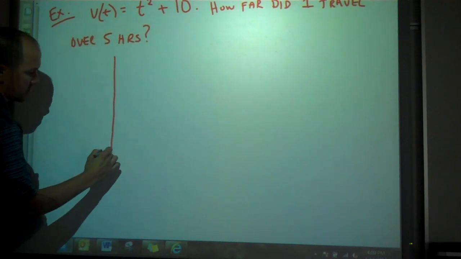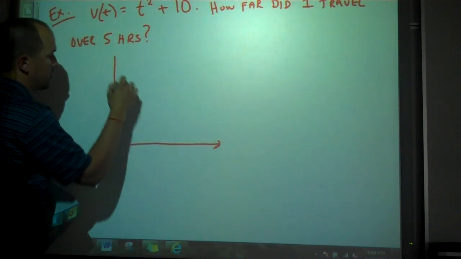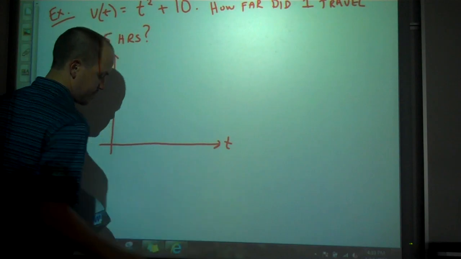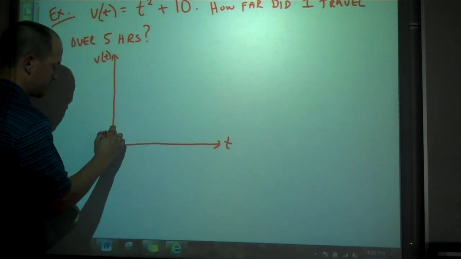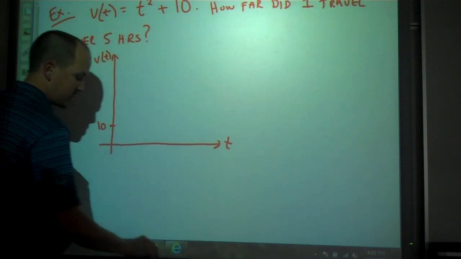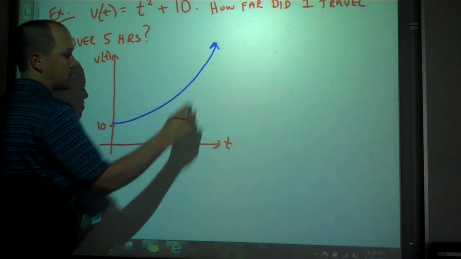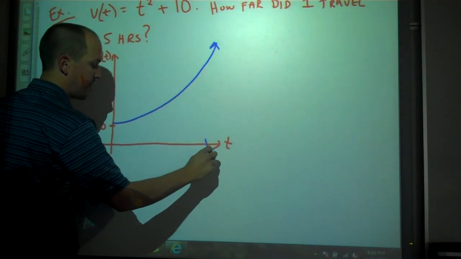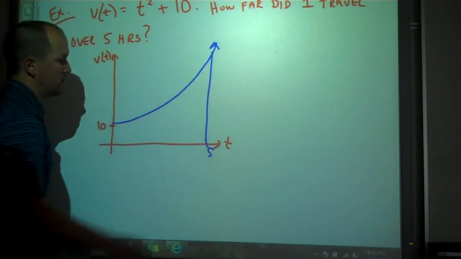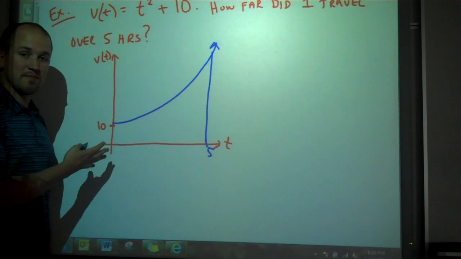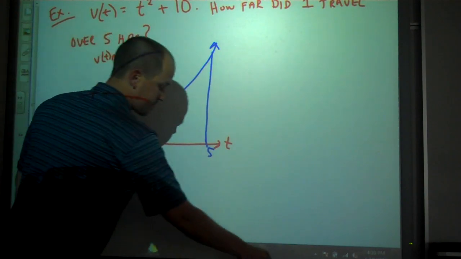When I sketch this graph, start at 10, and it's a parabola. Draw like that, out to 5. It's good. This is much more complicated.